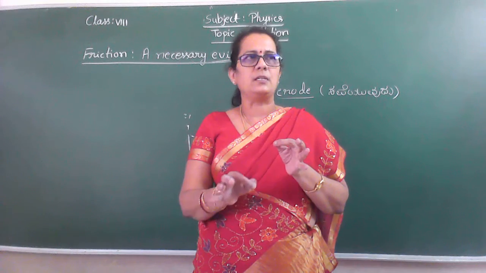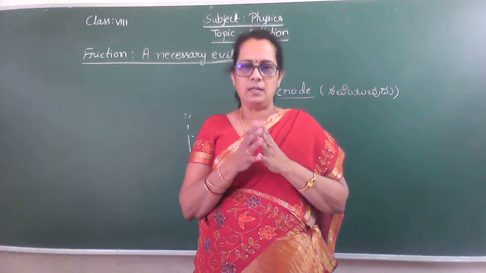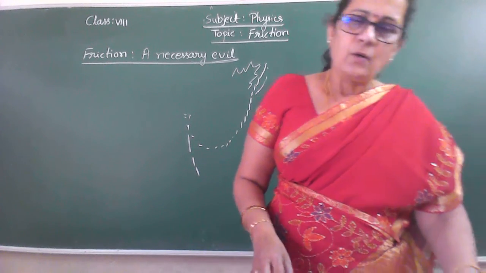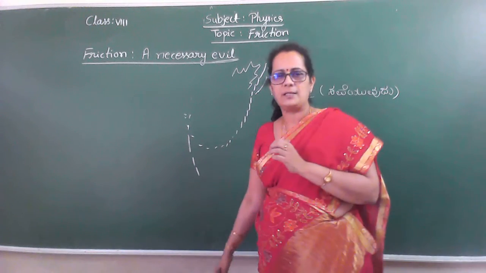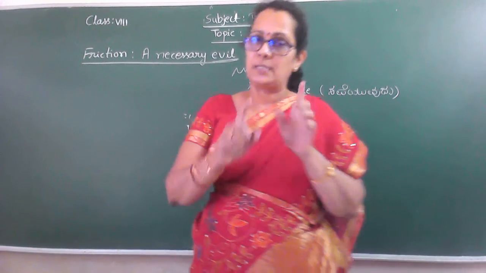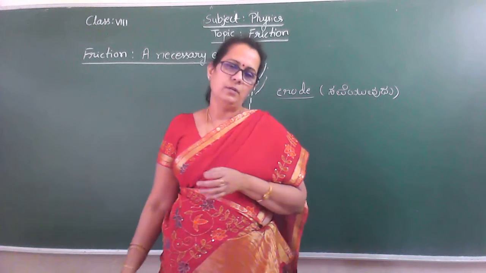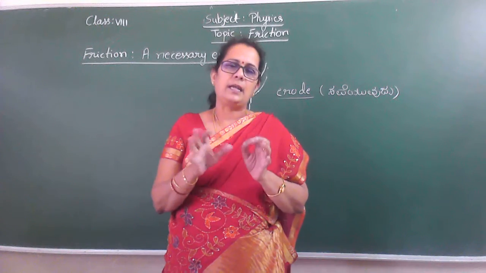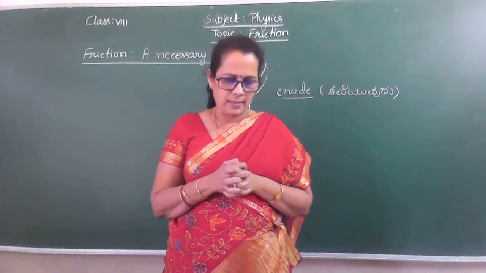When the friction is there, then it generates heat and light, isn't it? Next, the matchsticks, if you strike it on a smooth surface, does it catch fire? No. In the matchbox you may have seen that on both sides there is a rough surface. So when you strike that on the rough surface, then only it catches fire. So that is also one example you can give.